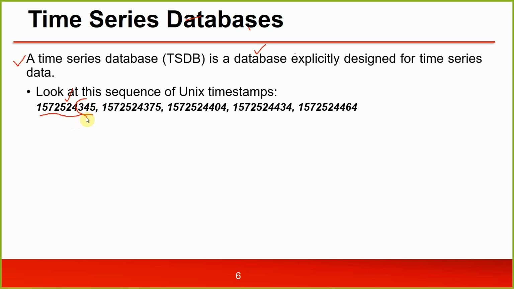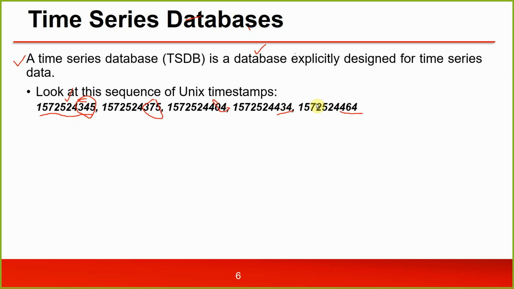If you look closely, only the last three digits are changing, the rest is all the same. It would be a sheer wastage of space to store all these values. That will not be optimal use of storage.